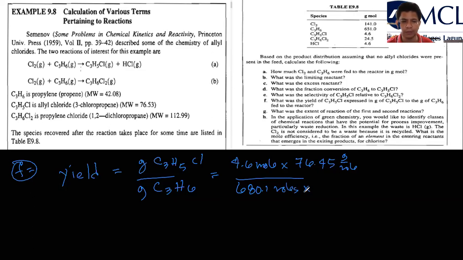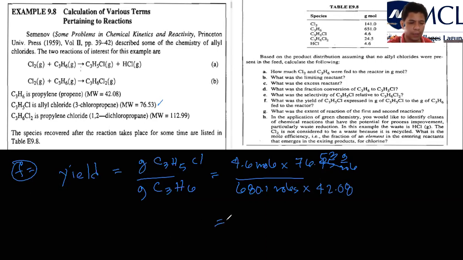We just multiply this by its molar mass. Here are the molar masses. So C3H5Cl is 76.53. You can use that 76.53. And then C3H6 is 42.08.